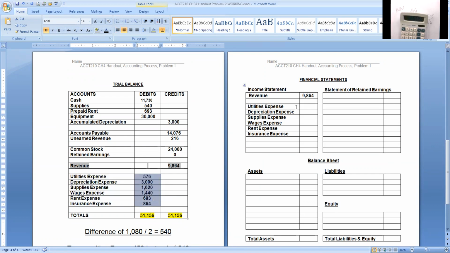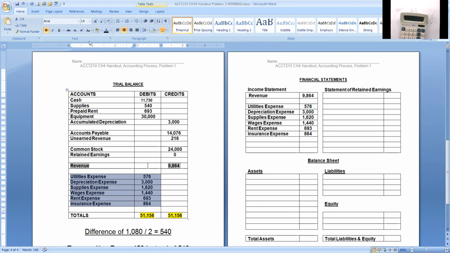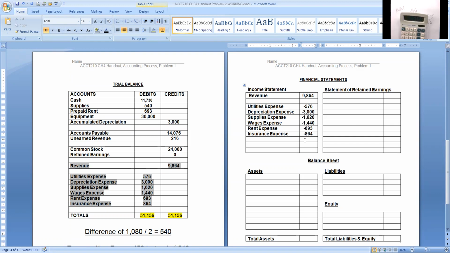Copy the numbers over too if you want. Okay, so I'm going to put negatives in here. You don't have to do this. I'm just going to put it in there so that I know that they're minus. Okay, so this will give us our net income.